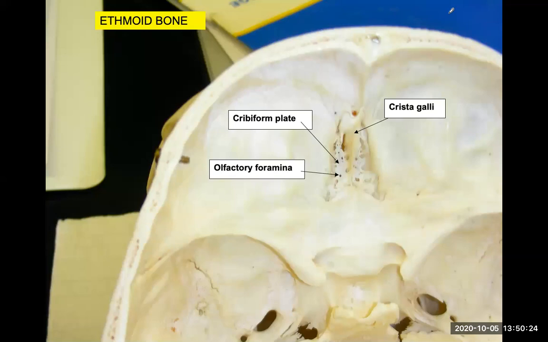Now, on the anterior view of the skull, again, here's my frontal bone, sella turcica, my 3 holes, foramen lacerum, orienting yourself here, optic canal, here, and right here. This structure you see right here, that's your ethmoid bone.